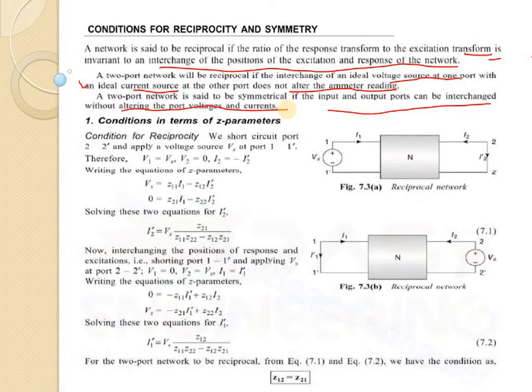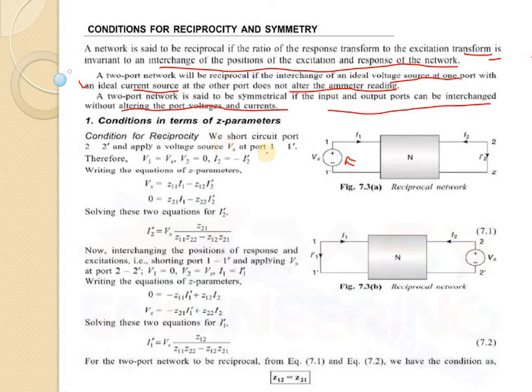First we will see the condition for reciprocity in case of Z parameters. First we will put the ideal voltage source at the input port, and short the output port.